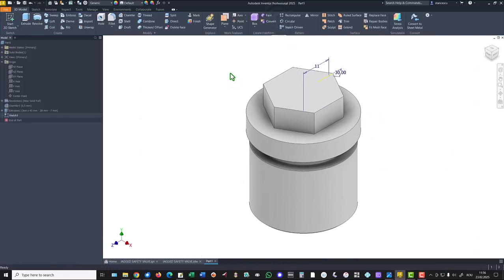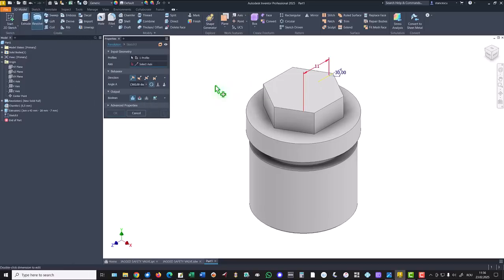Finish sketch, revolve, the axis is Y with cut.